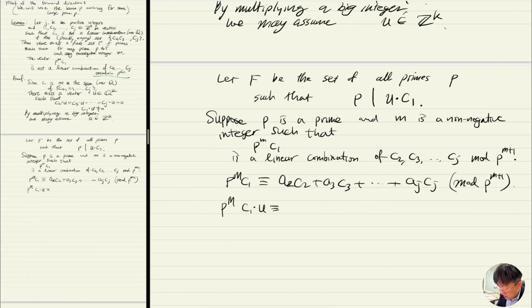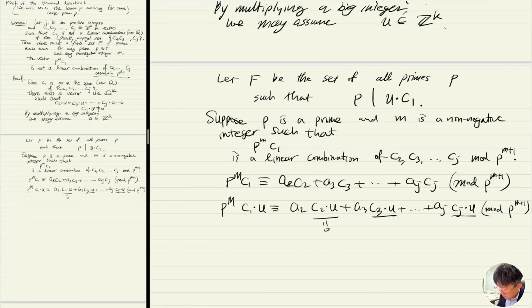C1 dot u is equal to A2 C2 dot u, A3 C3 dot u, up to Aj Cj dot u. Now all these things are 0, by construction: u is chosen to be orthogonal to C2 to Cj. So this means that p to the m times C1 dot u is 0 modulo p to the m plus 1.